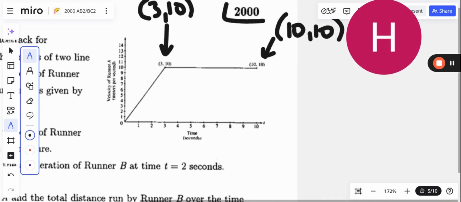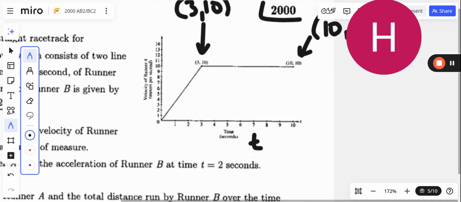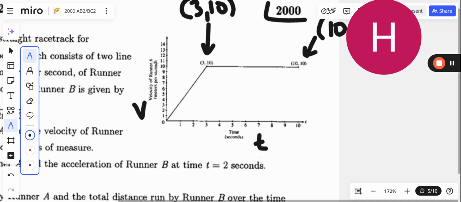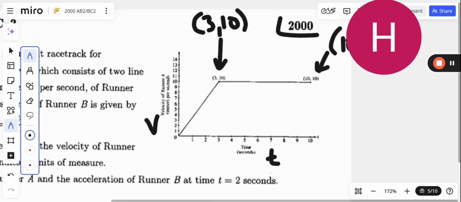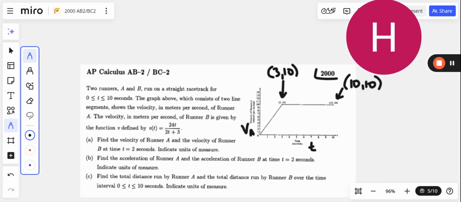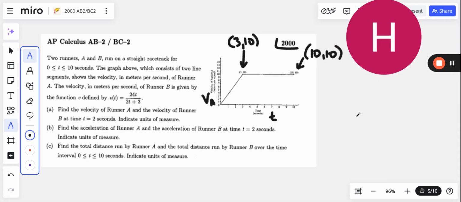The x-axis is time, this is t, and this is velocity of someone named runner A, so we'll call it VA. All right, so given that, go ahead and give the problem a look-see. See what you think. You should give yourself about 12 to 15 minutes. And then when you're ready, you can come back and join.